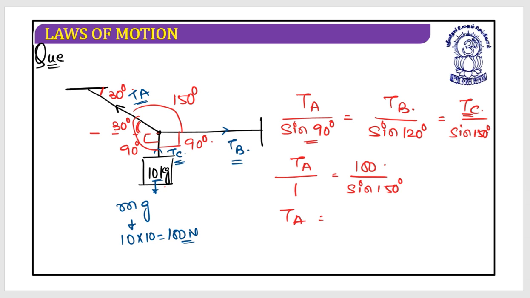So this is TA divided by 100 divided by sine 150. What is it? Sine 150 is the same as sine 30, and sine 30 is equal to half. So this is equal to 200 Newton. I hope these things are clear. Is it clear? Yes.